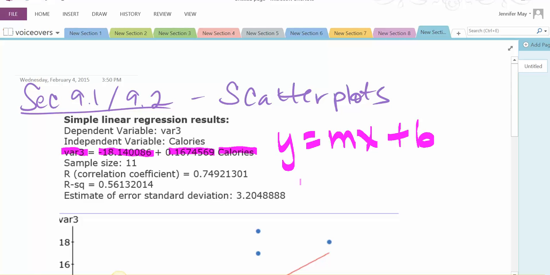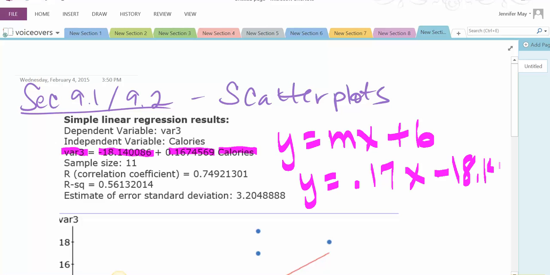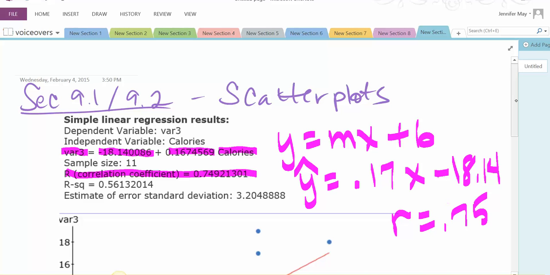If you wanted to change how that was written, it would be y equals 0.17x, I rounded a little bit, minus 18.14. Now, I happen to use this y hat notation to mean the predicted y's instead of the observed y's. The strength of your line depends on this r. It's your correlation coefficient. The closer it is to 1, the stronger the line is. So since r is about 0.75, we have a fairly strong line.